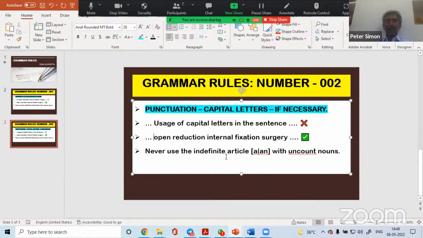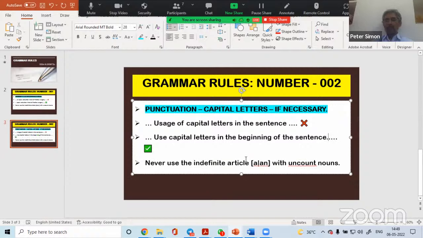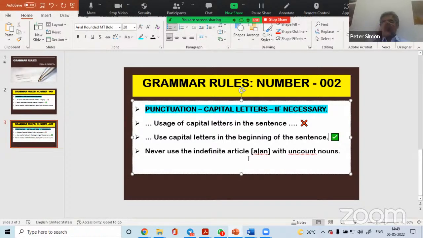Use capital letters only in the beginning of the sentence.